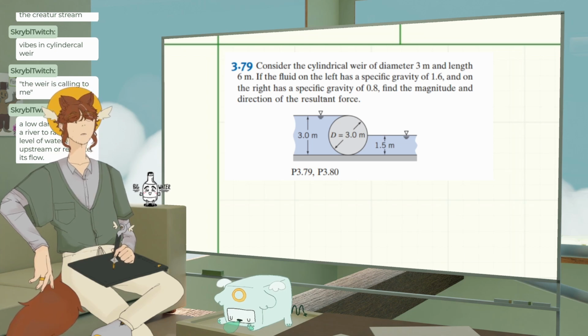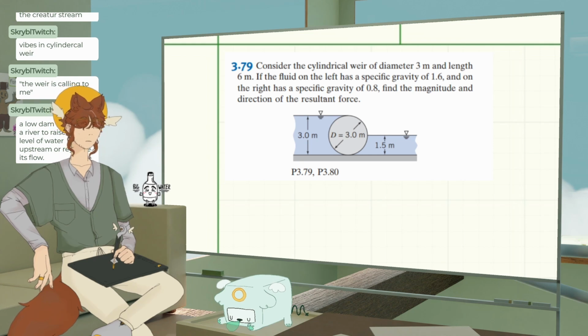Okay, let's see. Well, we need some stuff here. Oh god, this is gonna be complicated. Ooh. Consider the cylindrical weir of diameter 3 meters and length 6 meters. Out of the page. The fluid on the left has a specific gravity of that, and the fluid on the right has a specific gravity of that, which is a ratio of its density with water.